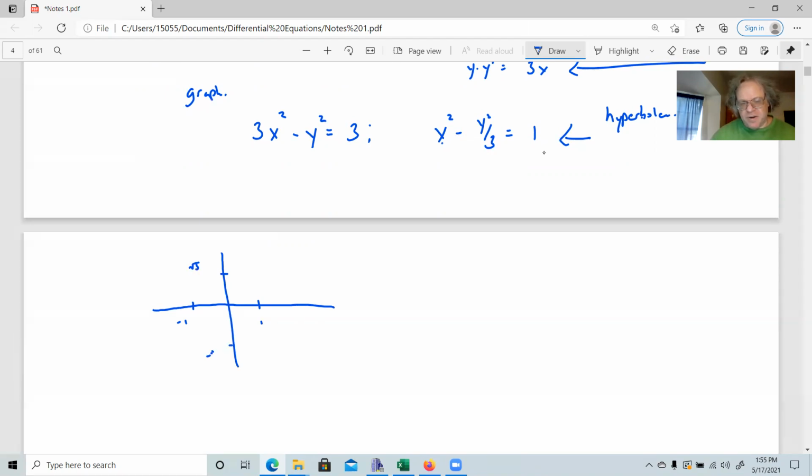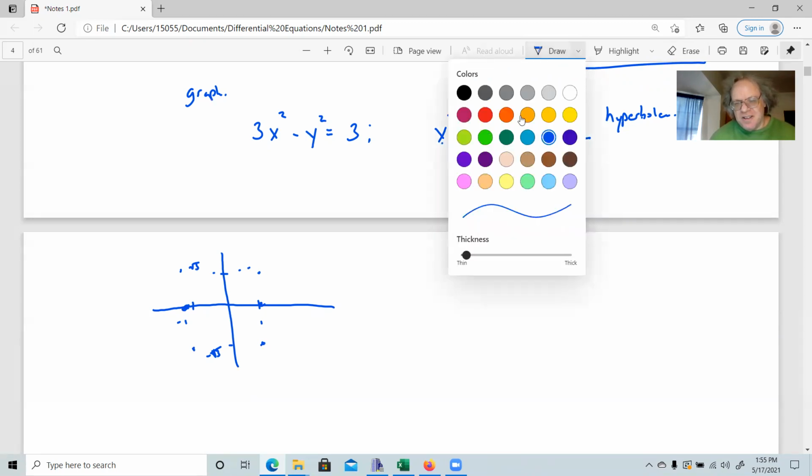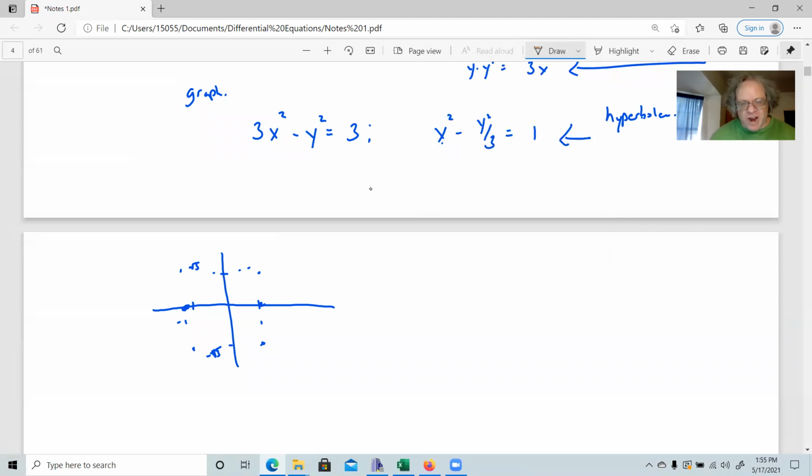And of course, you remember how to graph a hyperbola. You make the little box, using the method of intercepts. Here's my vertex, here's my vertex. We'll make our asymptotes a different color. We have our little asymptote that goes through the corner of the box here.